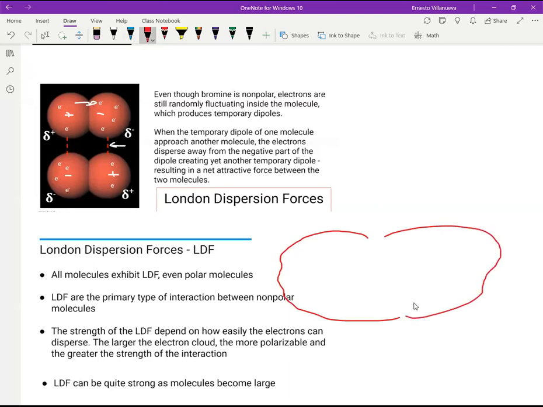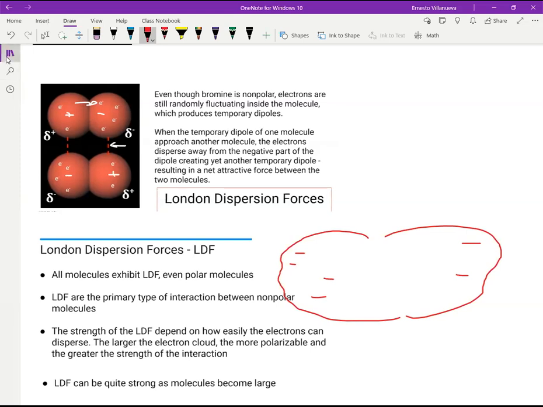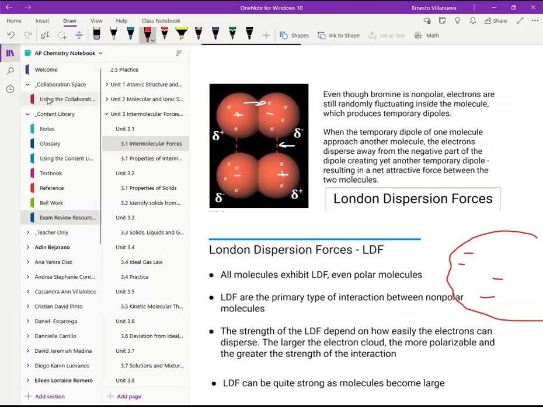If you have much more space for these electrons to move around, then you're going to have a much stronger LDF. Basically, as you move down the periodic table and the elements become bigger and bigger, you're going to form much greater and stronger London dispersion forces. That's how they work. So let's go back to our question then.